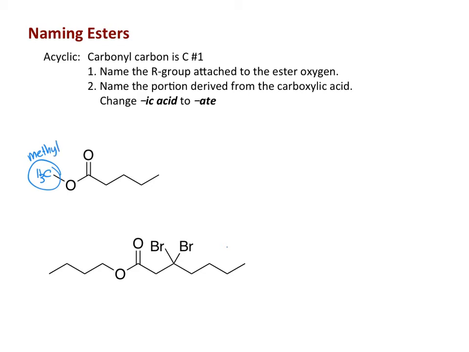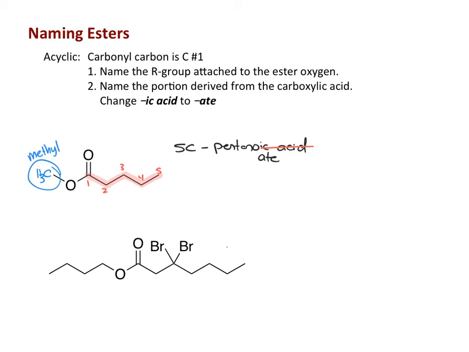Okay, then our parent chain, we have 5 carbons. Comes from pentanoic acid, but we'll drop the ic acid and add ate, so it'll be pentanoate.